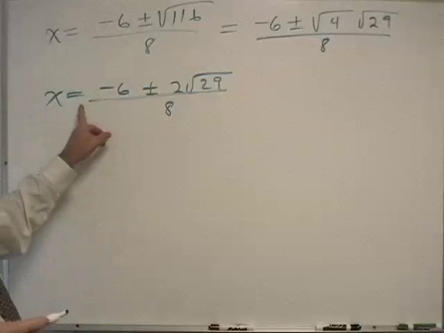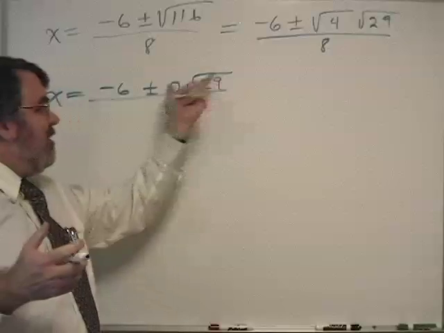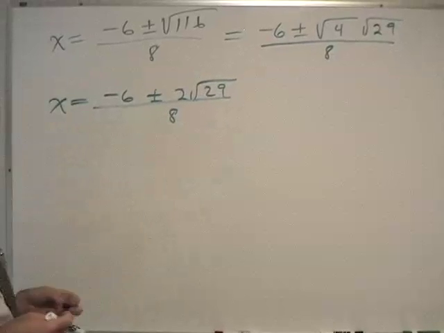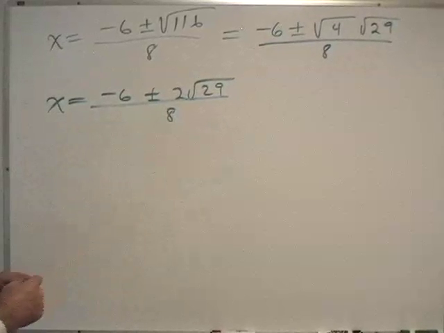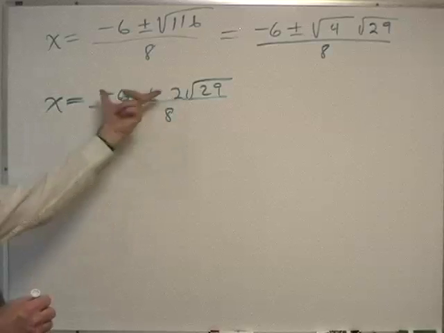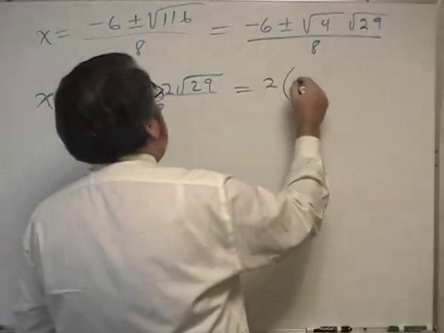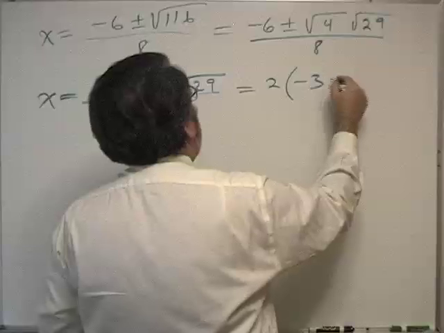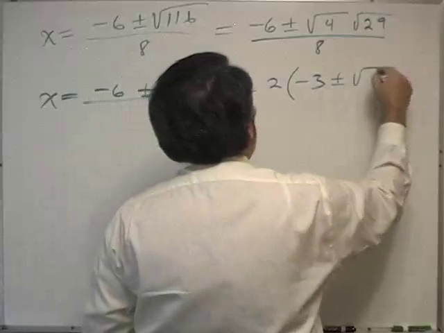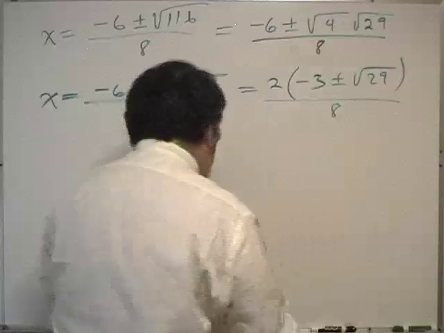And don't forget, this division line goes under the entire expression up here, not just part of it. Some people get lazy about drawing that. All right, well, 6 and 2, we can factor 2 out of these terms. So I'll factor 2 out, and that leaves negative 3 plus or minus the square root of 29, divided by 8.